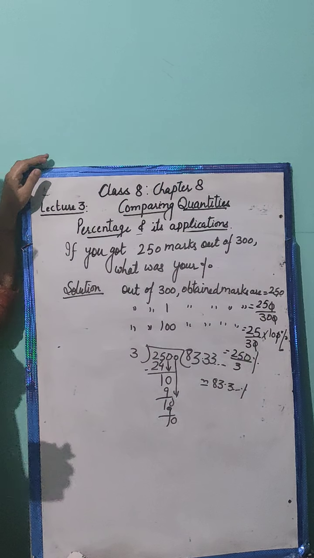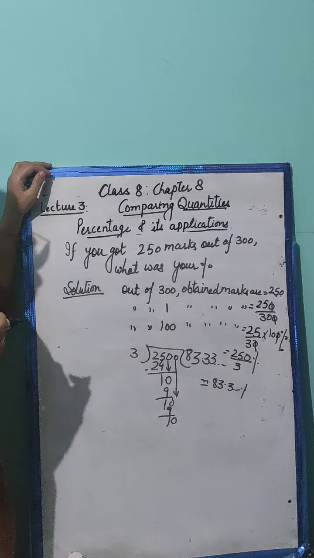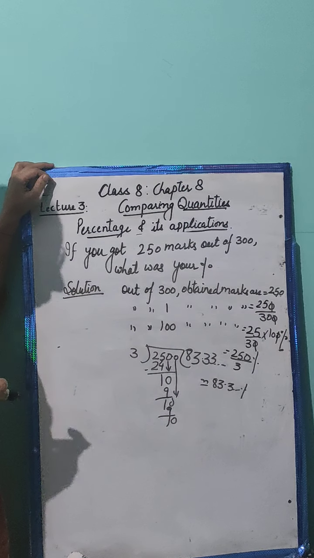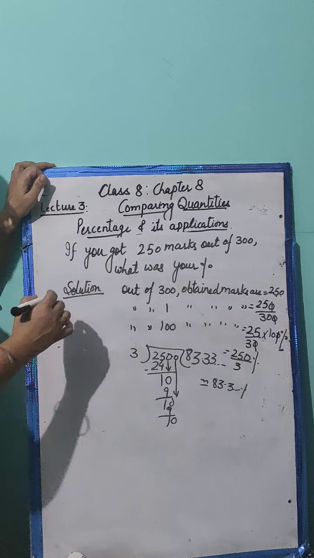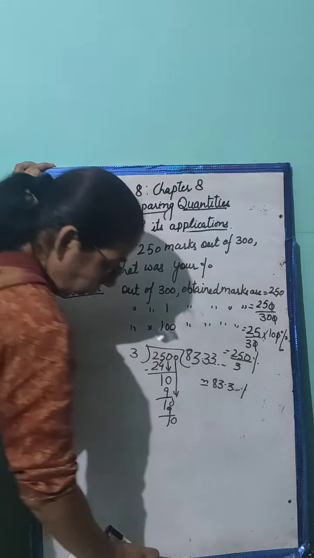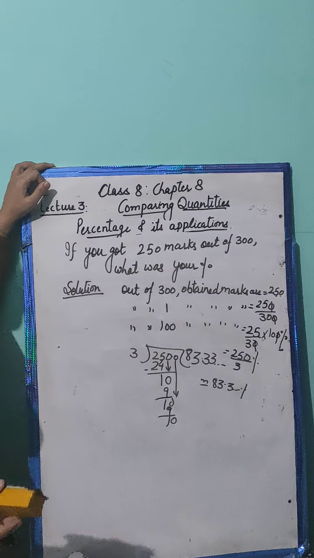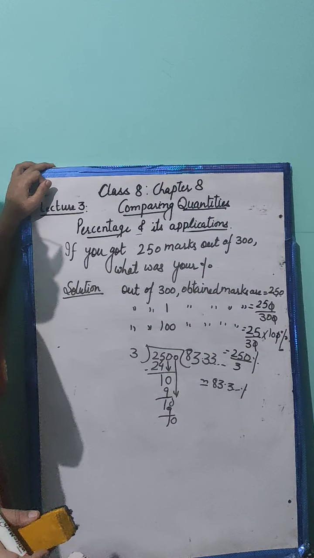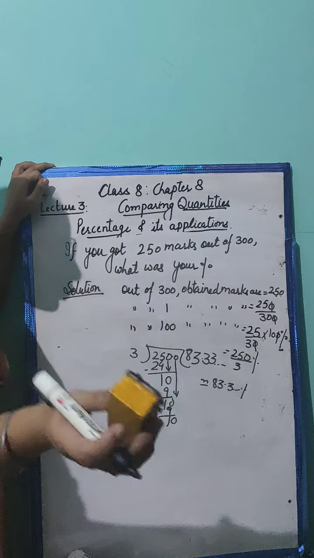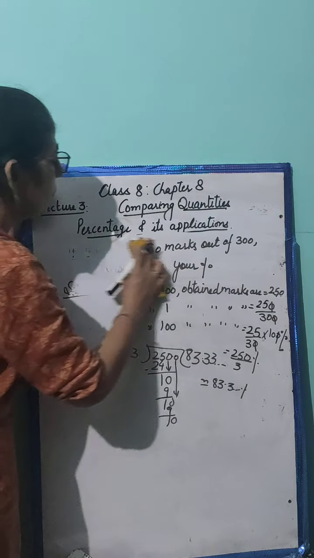So if I got 98% marks, तो बताओ मेरे कितने मार्क्स आए होंगे? Can you find out? If I got 98% marks out of 300, find my marks. You also do. Hurry up.